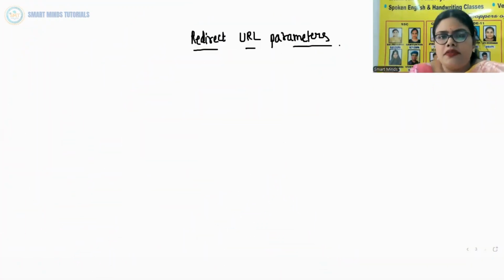So in this class, we will understand what redirect URL parameters are. When building applications that integrate with the identity platform, understanding how to configure a redirect URL is essential. Here we will cover redirect URL best practices, supported configurations and limitations.